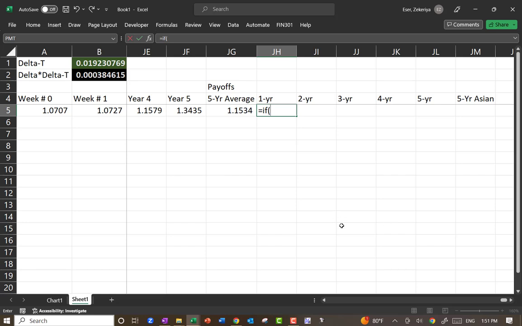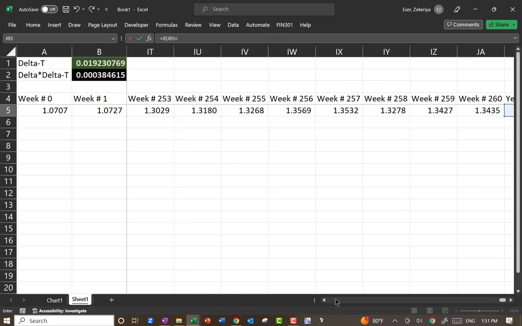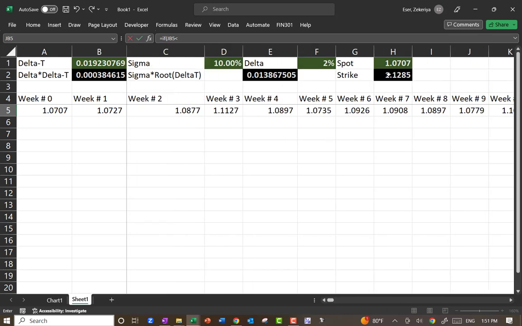Since this is a call option, if at the end of 1 year, closing price is less than the strike, let me find my strike right there. Since it's a call option, it's worth 0.